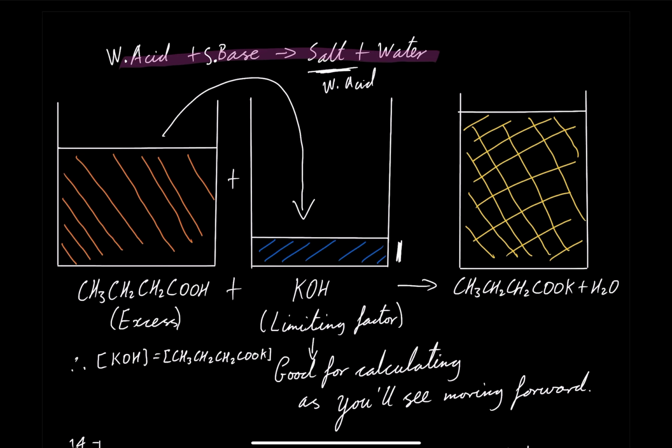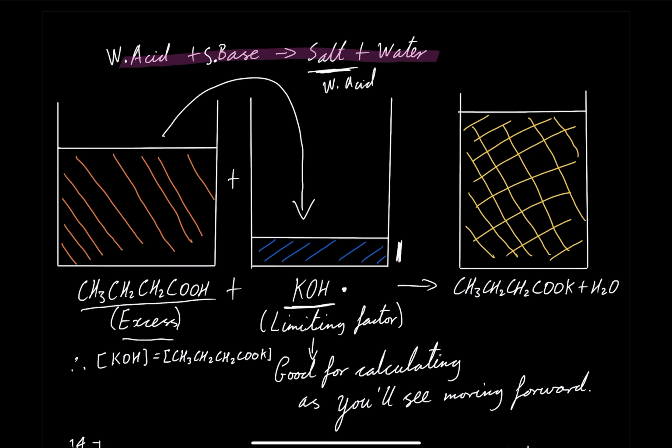All of this is going to be reacting with an excess of the butanoic acid. Now, why is it important that we know that this is the limiting reagent, that it's going to fully react? We know that the acid is in excess, and I've mentioned this several times, but I'm just making sure that you understand what I mean here.